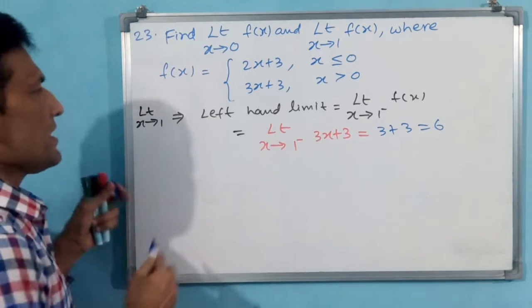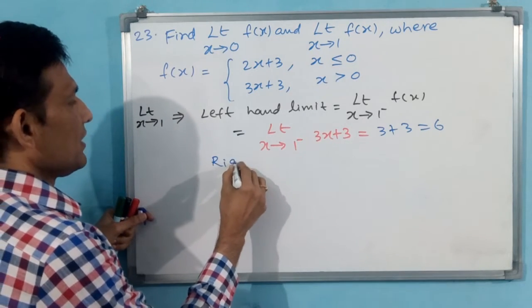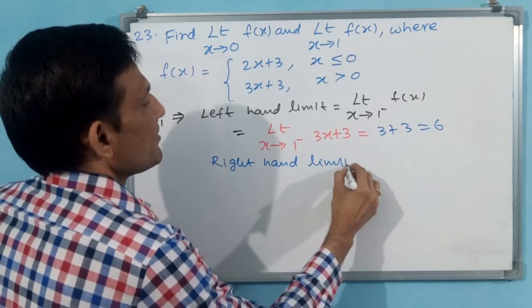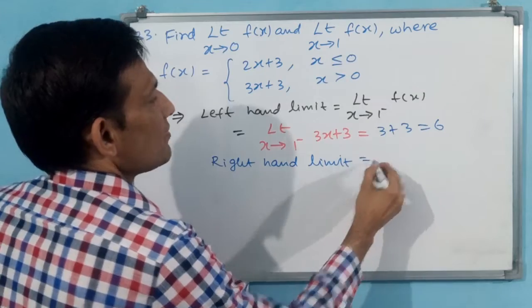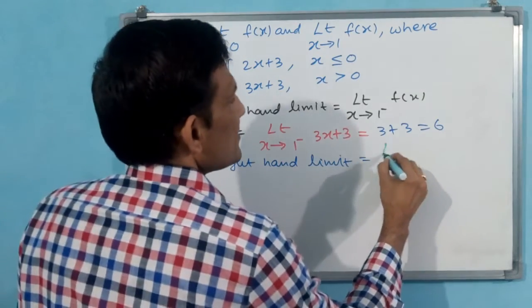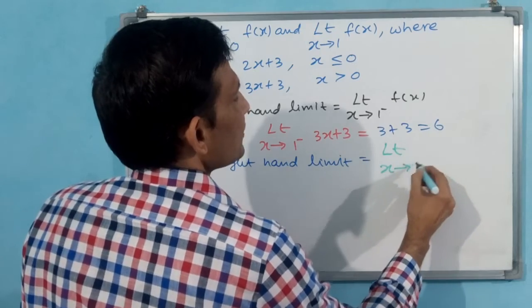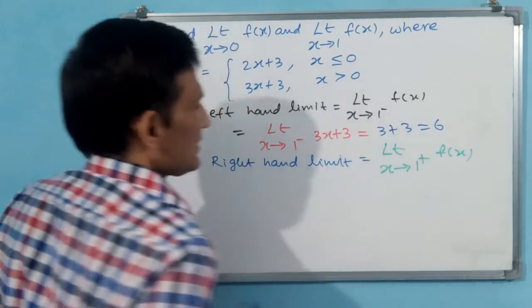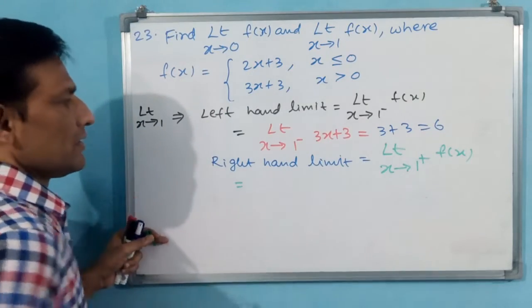Let us take the right hand limit. Right hand limit is equal to limit x tends to 1 plus f of x. First you write f of x, then we will see.